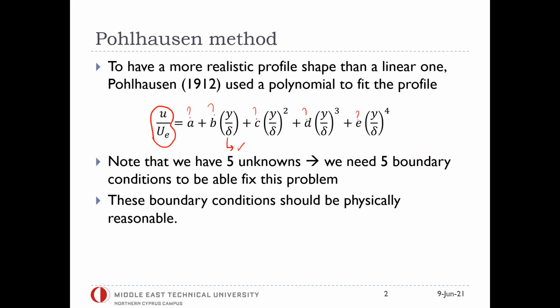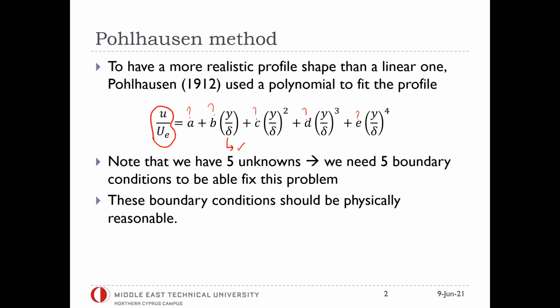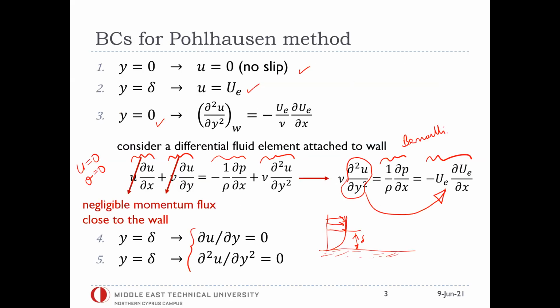Which means that I can actually use those conditions to find proper values of these constants, so that it can represent a realistic velocity profile, first of all in terms of the shape of the function. And of course, I think I should stress this point again.